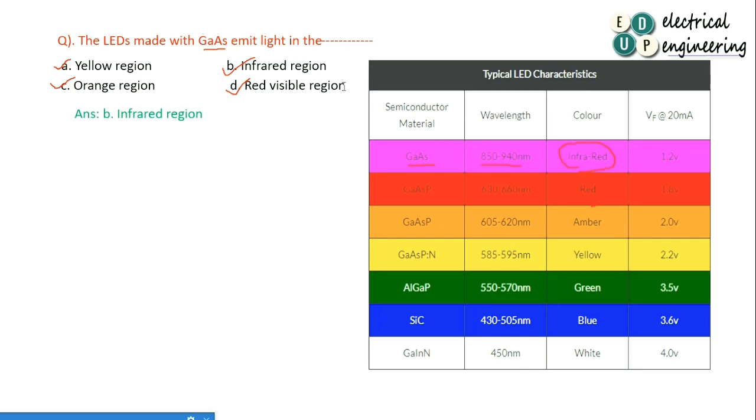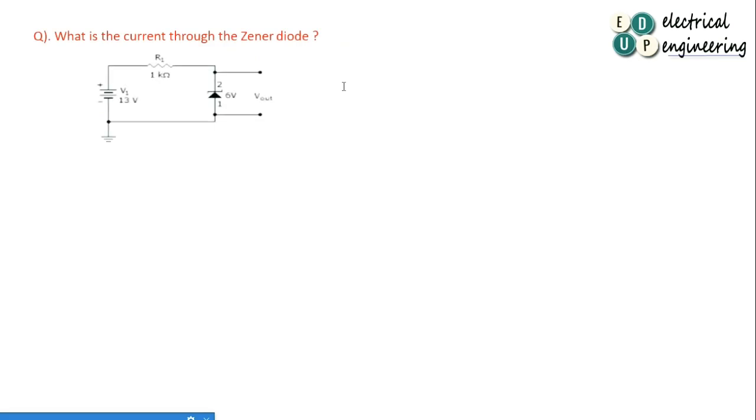And GaAsP is also visible in the amber region, its wavelength is 605 to 620 nanometer, and its forward voltage is 2 volt. So there are 4 different materials and different regions in which the LED emits.